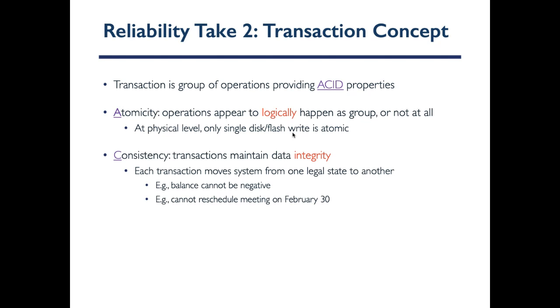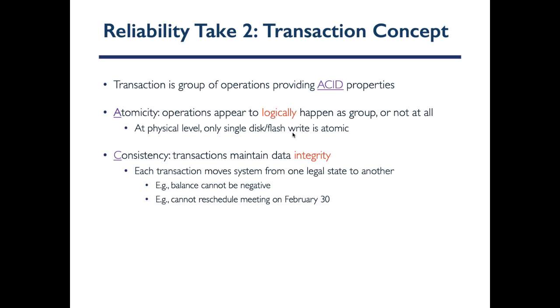You also want consistency, meaning that if your system is in a legal state, whatever legal means in your application, you want your transactions to move your system from a legal state to another legal state.